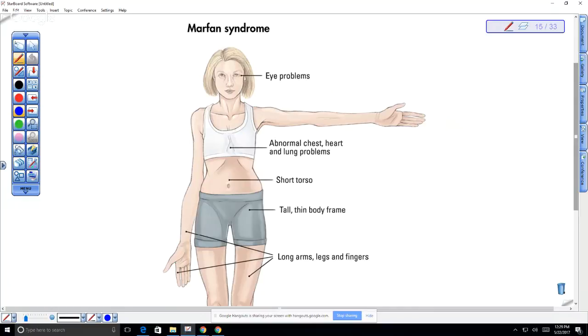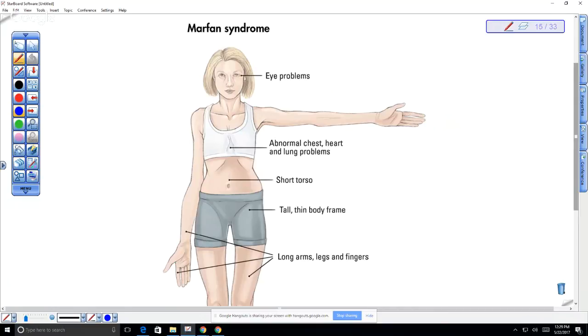And then there are also heart and lung problems because there's connective tissue in, for example, the aorta. And there's also really important connective tissue in the heart that makes up the valves. Okay? And then they tend to be tall and thin, and they have really long arms and legs and fingers.